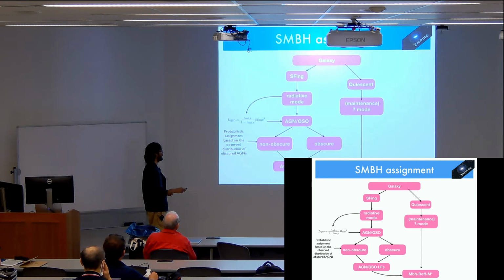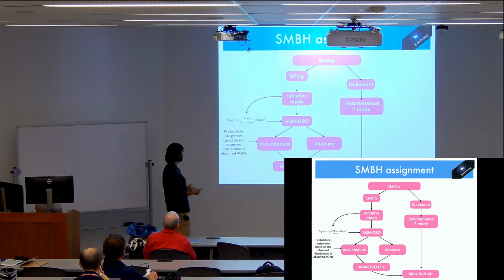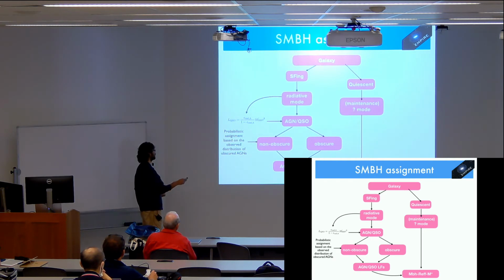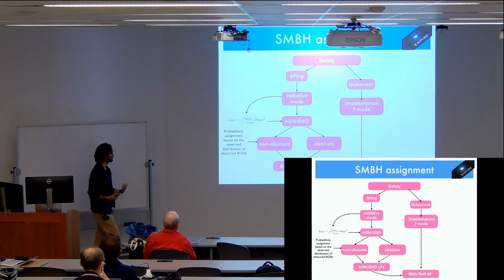For quiescent galaxies, we don't know which types of AGNs are hosted. We just assume that there is some type of AGN hosting these quiescent galaxies, but we can fit the data by using this relation that we have only at redshift 0.